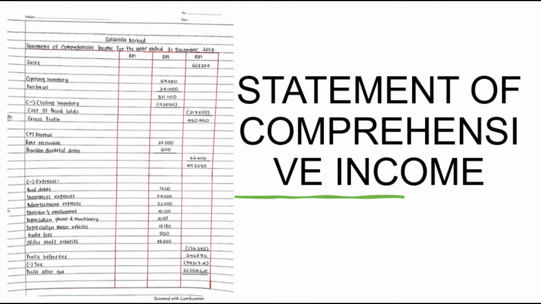69,550. Then write the purchase and take the sum from the trial balance, which is 241,550, and we add the total opening inventory with purchase to 311,100. Then subtract with the closing inventory and take the amount from the notes to account, that is 93,550.